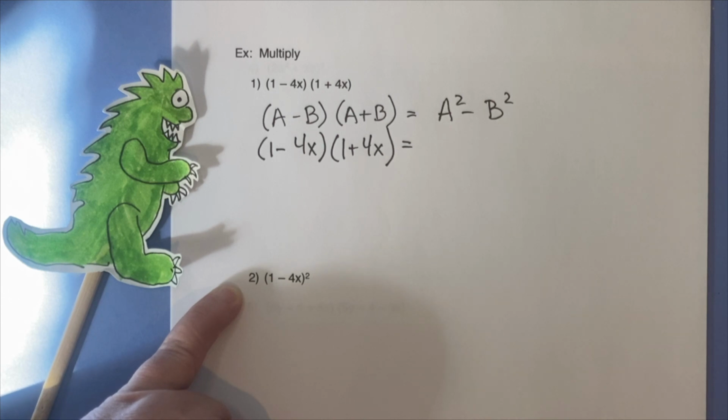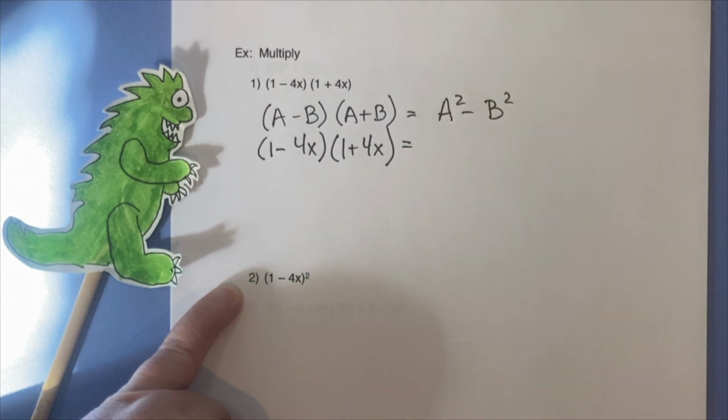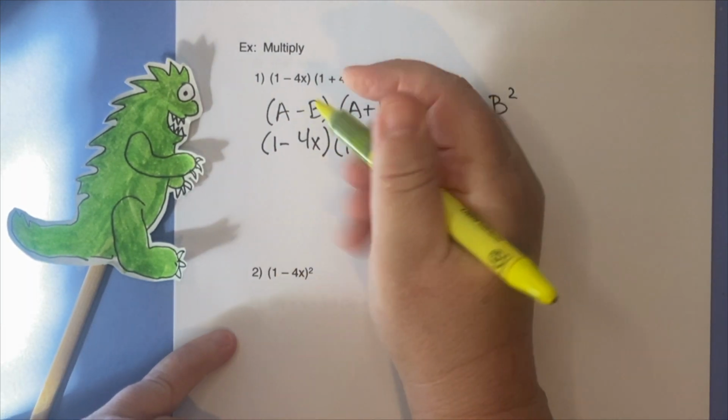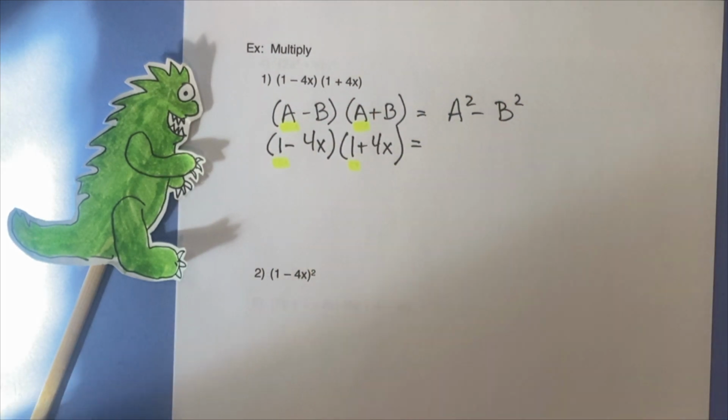So I've got this formula, which I wrote backwards, but again, multiplication works that way. And I have to recognize that in this case, the A is 1. Okay, so that's the important part to begin with.